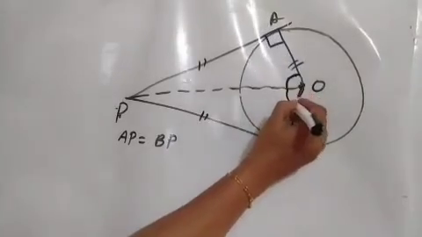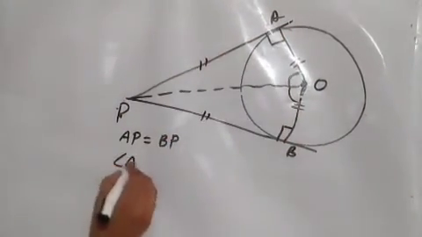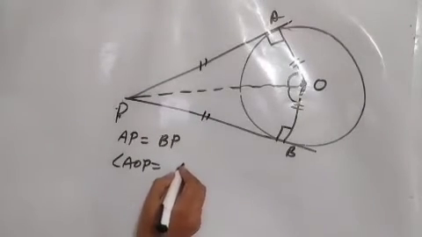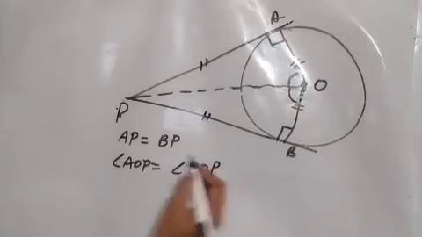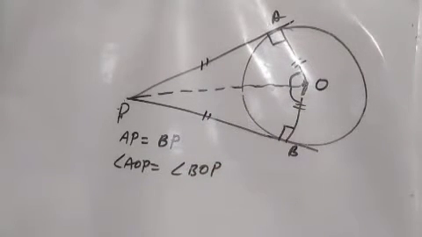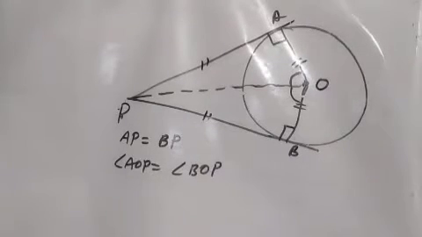So the angle subtended by the tangent AP is angle AOP, and the angle subtended by tangent BP is angle BOP. They are equal. Always they are equal. Since we can prove these two triangles are congruent, the corresponding parts of congruent triangles are congruent, hence we can write this.